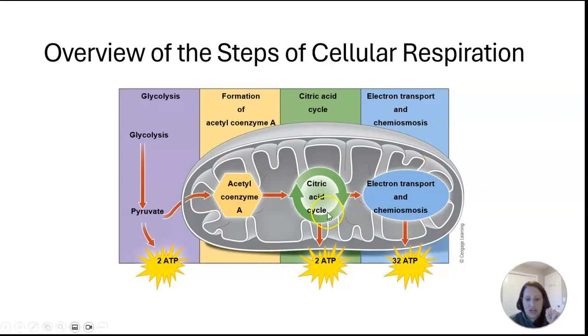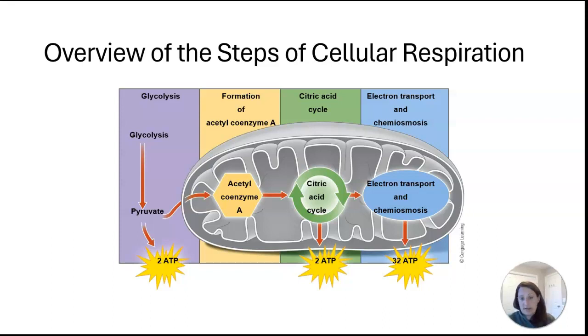The second step, which happens in the mitochondrial matrix, we start with 2 molecules of pyruvate. We end with 2 molecules of acetyl-CoA, 2 molecules of carbon dioxide, which are waste, and then 2 molecules of NADH. Remember, those NADH that are produced in both glycolysis and this 2nd step will end up going to the electron transport chain. Notice that no ATP is made during this 2nd step.